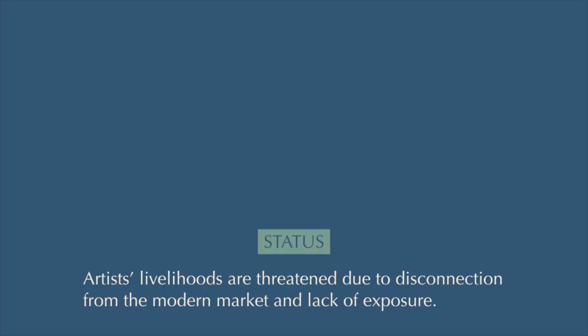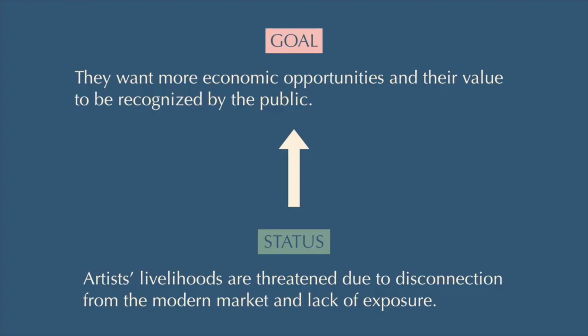So, with deeper research and one-on-one interviews, I learned that artists' livelihoods are threatened due to the disconnection from the modern market and lack of exposure. They want more economic opportunities and their value to be recognized.